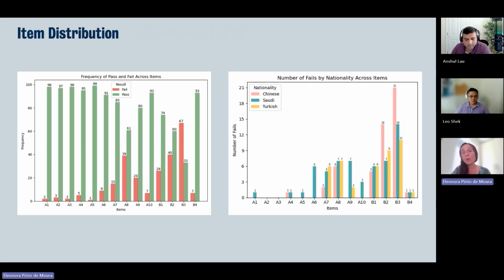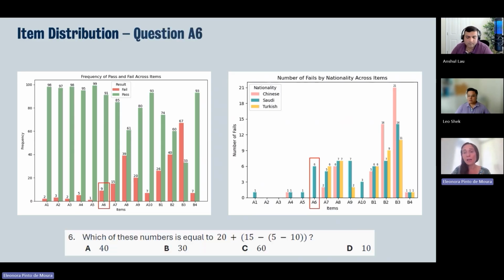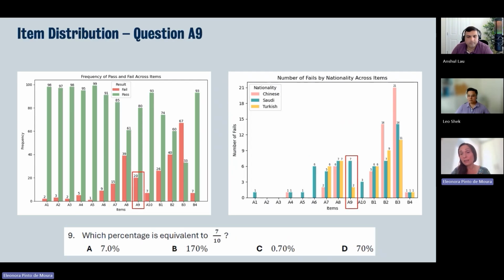Now, when we looked at this item performance by nationality, we did notice some patterns. For example, 6 out of our 15 Saudi students got item A6 wrong, which suggests that they had a bit of difficulty dealing with nested brackets. Half of these students also struggled with item A9, which involves just converting a very simple fraction into a percentage.